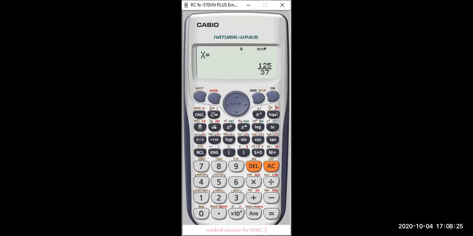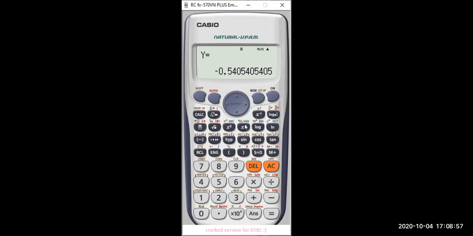You will get 125 by 37, that is 3.3387. I1 is 3.3387. Similarly, minus 20 by 37 means 0.541. So in this way we can solve the simultaneous equations directly.